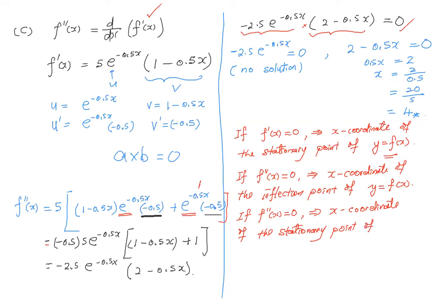Of y equal to f prime x. So you see, because f double prime x is the rate of change of f prime x.